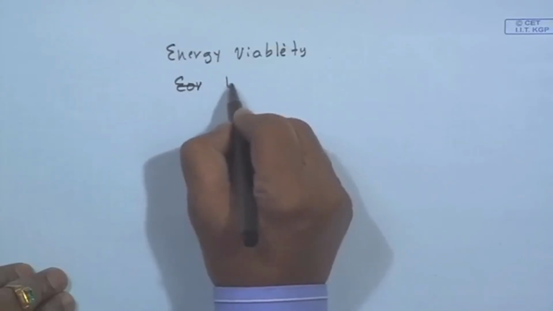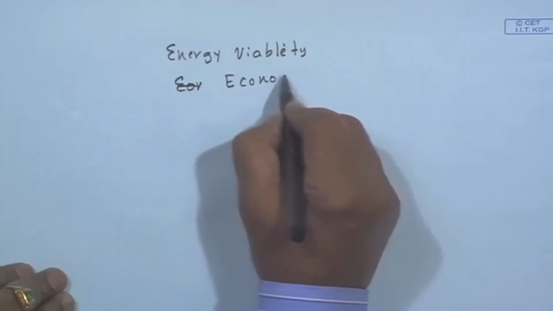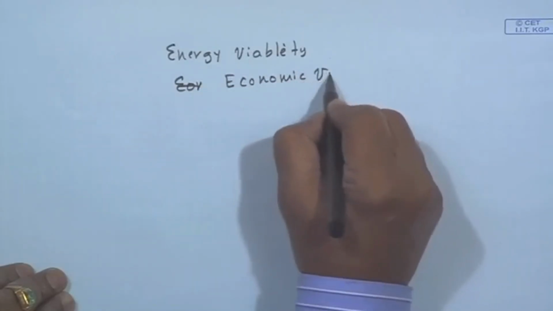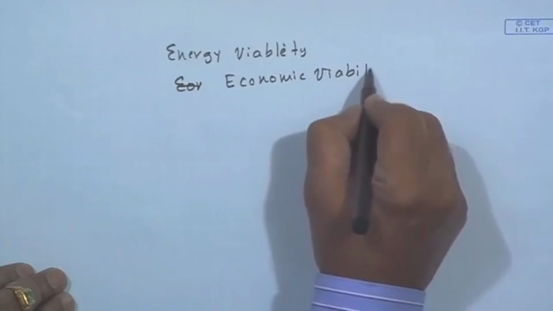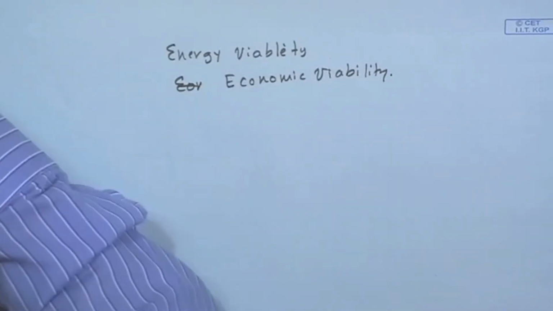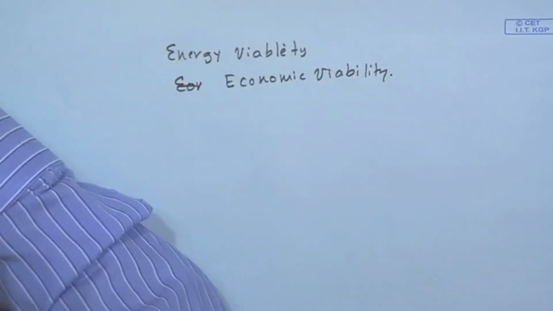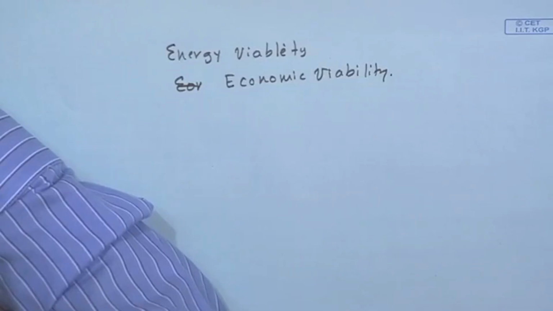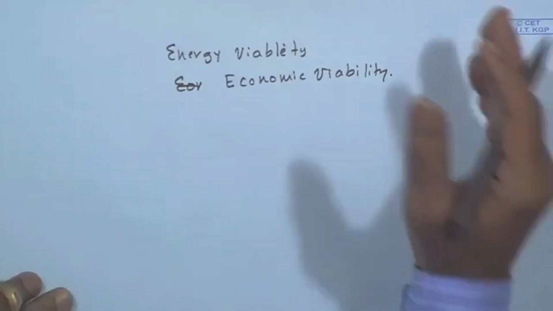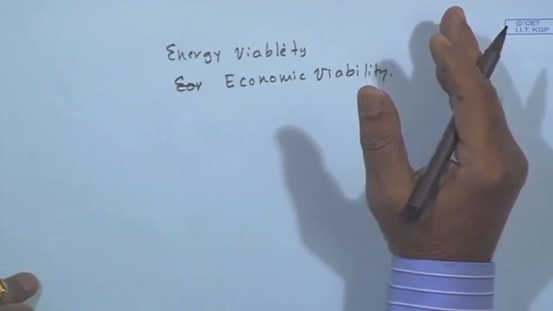Next is the economic viability. There are several indicators like payback period. If the investment is something like 10,000 rupees and you are going to save 2,000 rupees per year, then payback period may be 5 years.